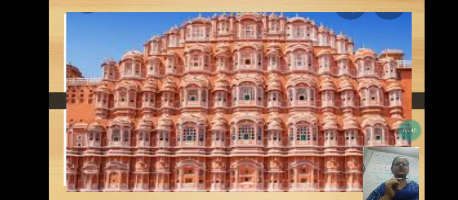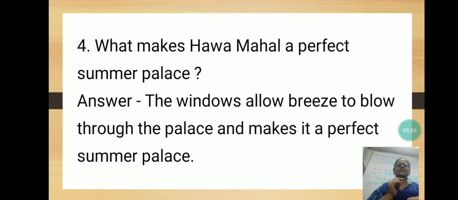See the windows, but you can't count from here because on another side there are also some windows. That's why you can't count the actual number of windows from one side. Now, what makes Hawa Mahal a perfect summer palace?